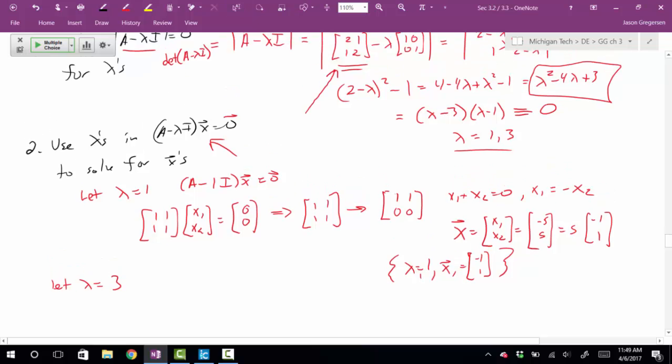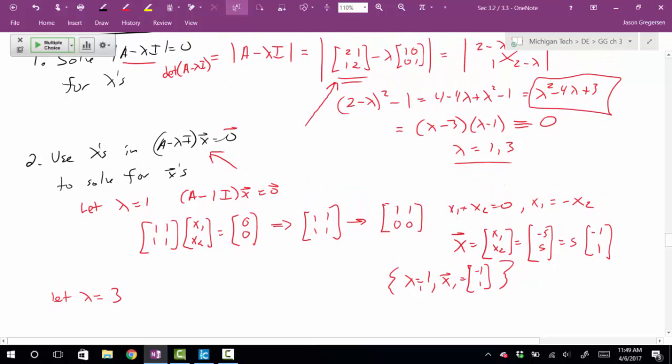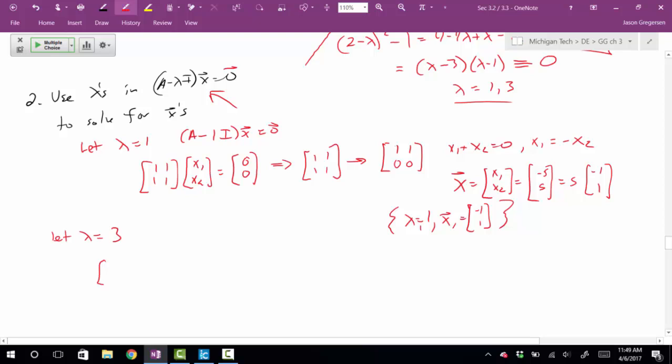All right, I take my matrix A up here, [2, 1; 1, 2]. I subtract 3 off the diagonals. I get [-1, 1; 1, -1]. I row reduce that to get [1, -1; 0, 0]. That tells me my equation is x1 minus x2 equals 0, or x1 equals x2.